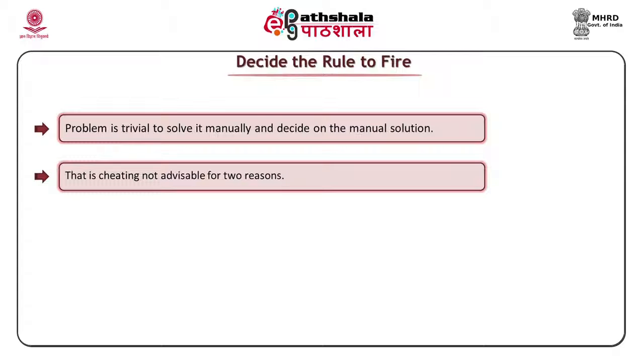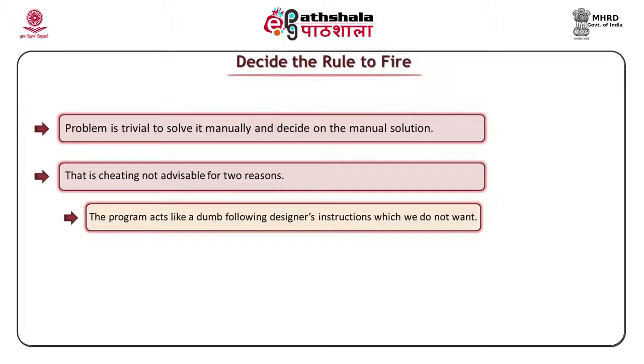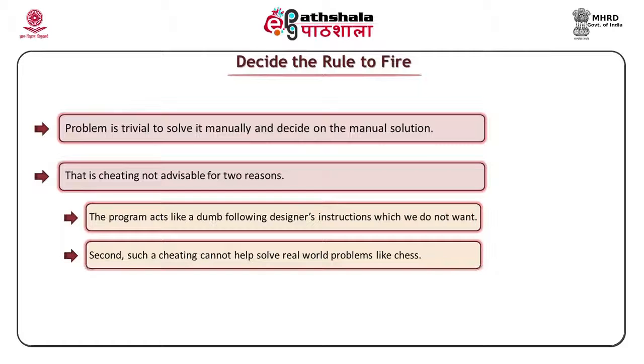So why is it not desirable? For 2 reasons. When the program acts like this, it's basically working on the instruction of the designer, which is impossible for complex cases like chess. And second, what we want is to make the program more intelligent, to solve the problem itself, not the designer solving it and hard coding it in the program.